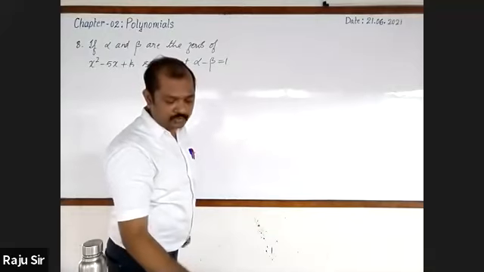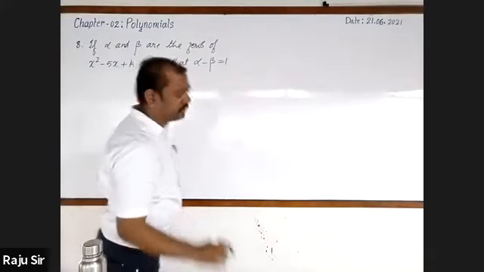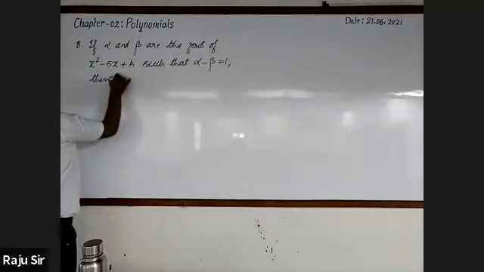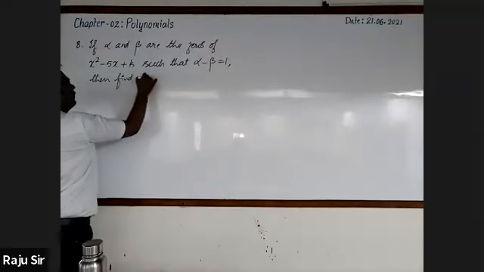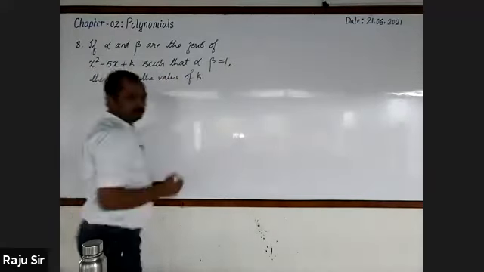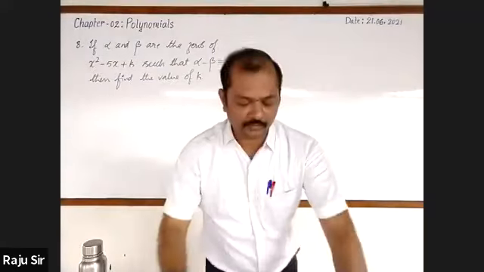The difference of the zeros is given, it is 1. Then find the value of k.